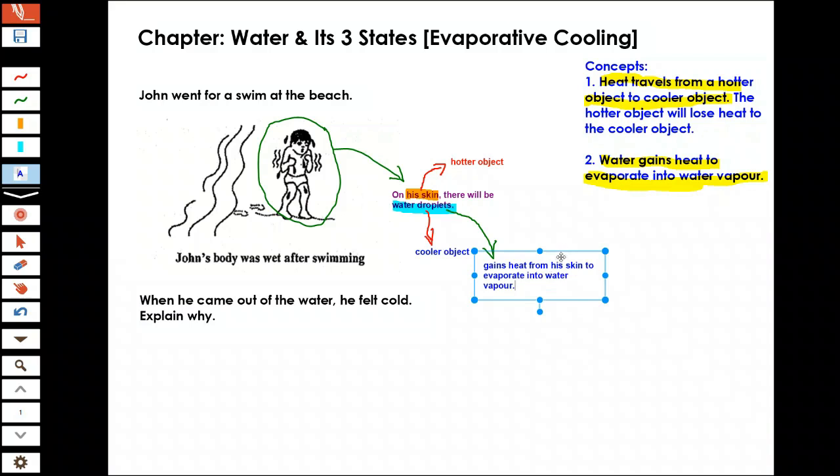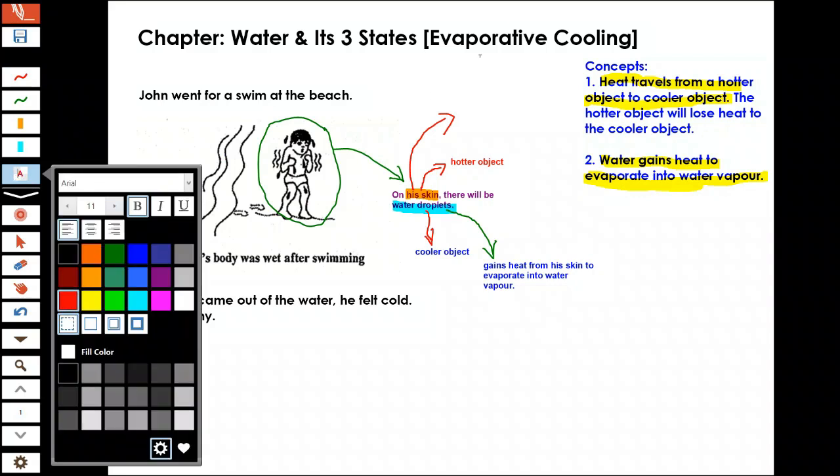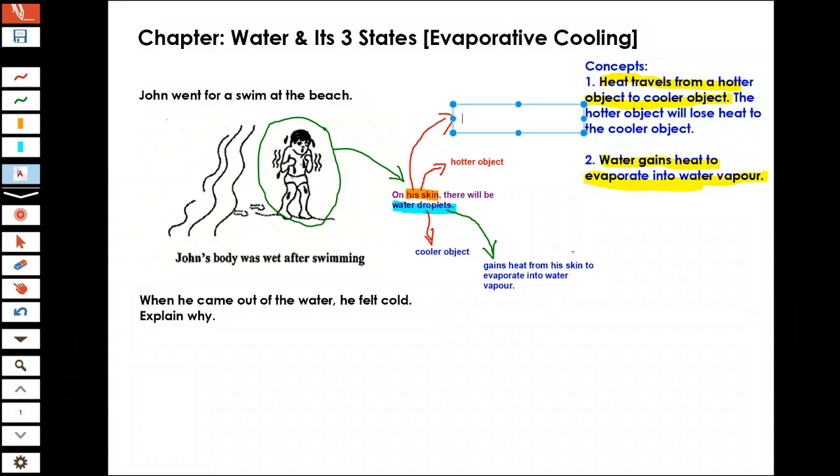Now, when this happens to the water droplets, what will happen to his skin? Let me jot another note for his skin. When that happens to the water droplets, at the same time, the skin, which is the hotter object, will lose heat.